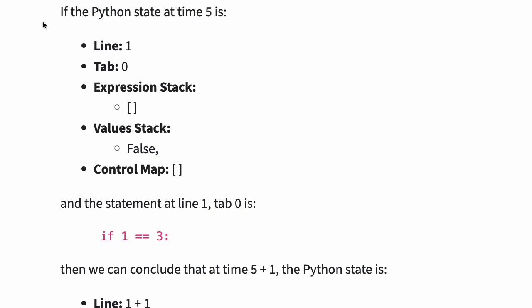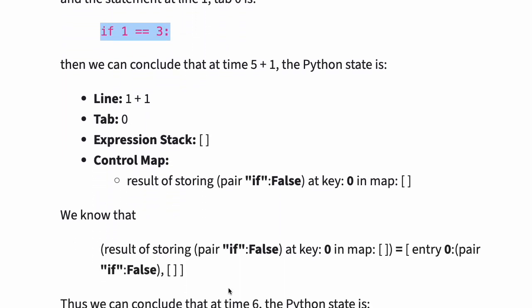Let's look at an example. If the Python state at time 5 is as follows, where line is 1, tab is 0, the expression stack contains an empty stack, the value stack contains false, and the control map is empty, and the statement at line 1, tab 0 is if 1 equals 3, then we can conclude that at time 5 plus 1, the Python state is as follows.